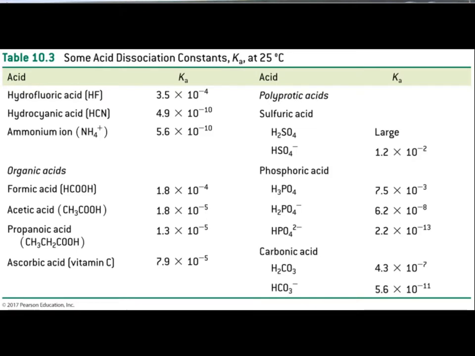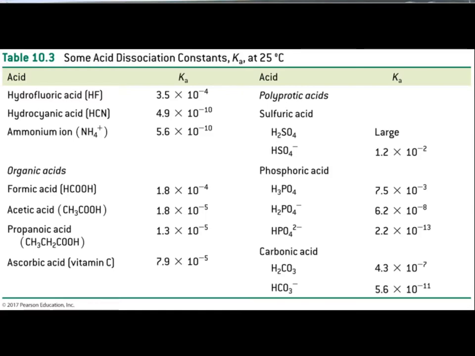The Ka value they list here is just large. And there is a real value. I don't know what it is. It's probably tens or hundreds or something like that. But the second hydrogen is not given up quite so readily. It has a Ka value of 1.2 times 10 to the negative second.